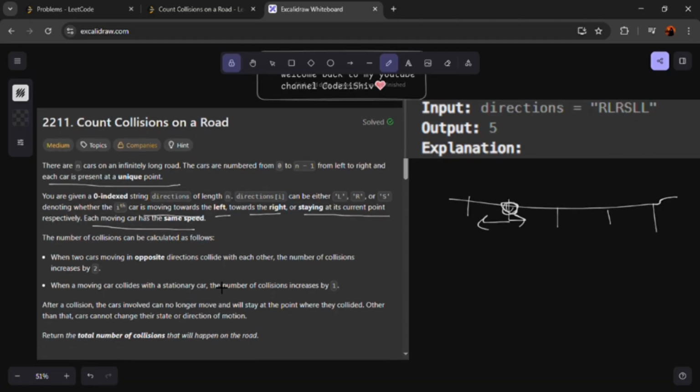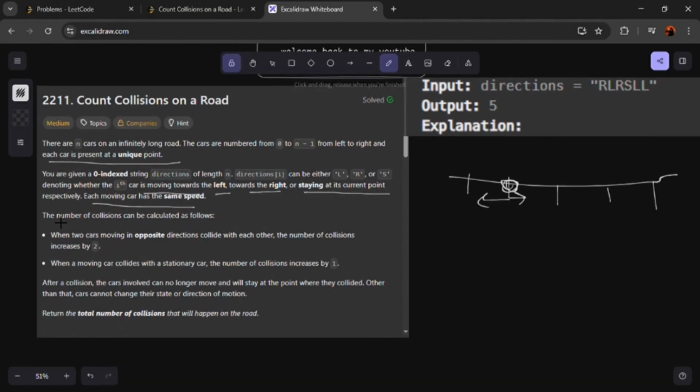Okay, now let's move further. The number of collisions can be calculated as follows. So the question says that there can be the possibility of collisions. When two cars moving in opposite directions collide with each other, the number of collisions increases by 2.